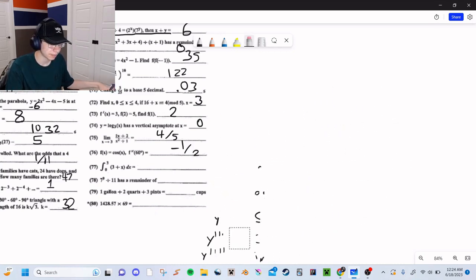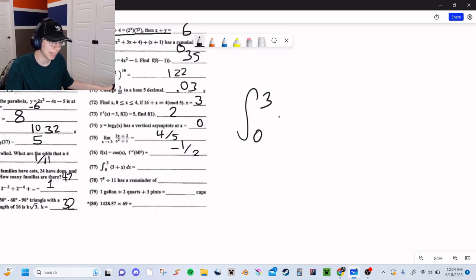Okay, 77. The integral. Here's a trick I don't see a lot of people doing. They'll actually evaluate this integral by hand. But in this case, I think it's better to visualize it. Let's think about what's going on.